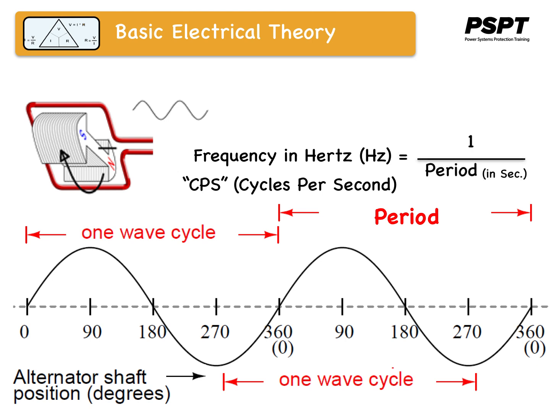A period and frequency are mathematically reciprocals of one another. That is to say, if a wave has a period of 10 seconds, the frequency will be 0.1 Hertz, or 1/10 of a cycle per second. Frequency in Hertz equals 1 over the period in seconds.